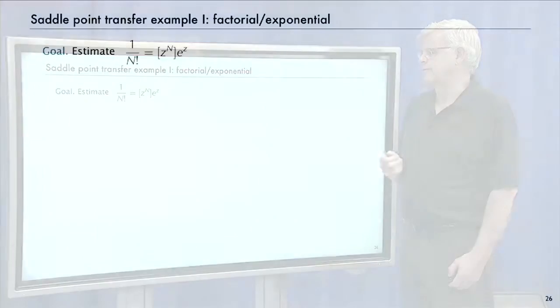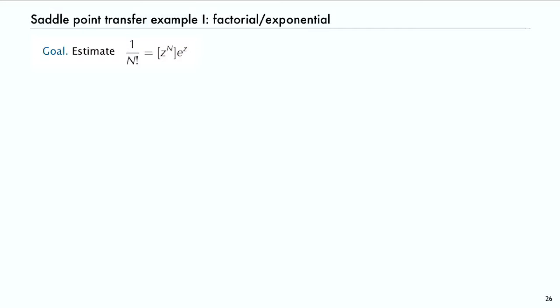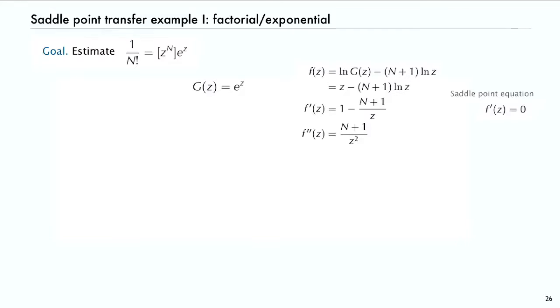So estimating 1 over n factorial as a saddle point approximation, the coefficient of z to the n in e to the z. So G(z) equals e to the z, and then taking logs, our saddle point equation is 1 minus (n+1)/z equals 0.